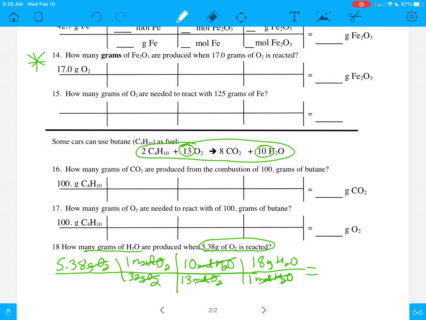And the math is 5.38 times 10 times 18 divided by 32 divided by 13, equal button, and I get 2.27, so that'd be 2.33. I have to round. grams of H2O. Did I do it? Did I do it? Yes, I did.